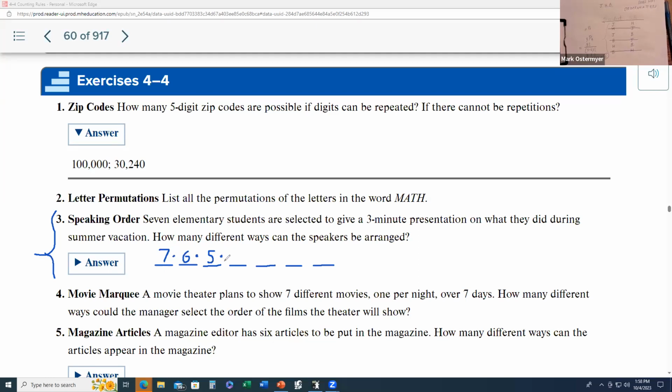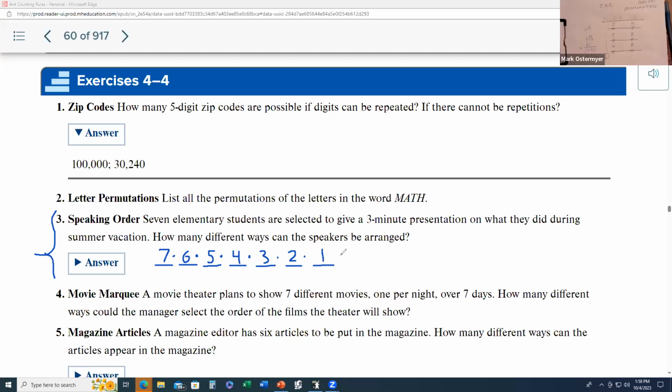So we only have 4 students left to choose who's going to go in fourth place. But now 4 students have gone, first, second, third, and fourth. We only have 3 students left to choose who's going to go what? Fifth. And there will be 2 students left to determine who goes what? Sixth. And then 1 student left to determine who goes last.